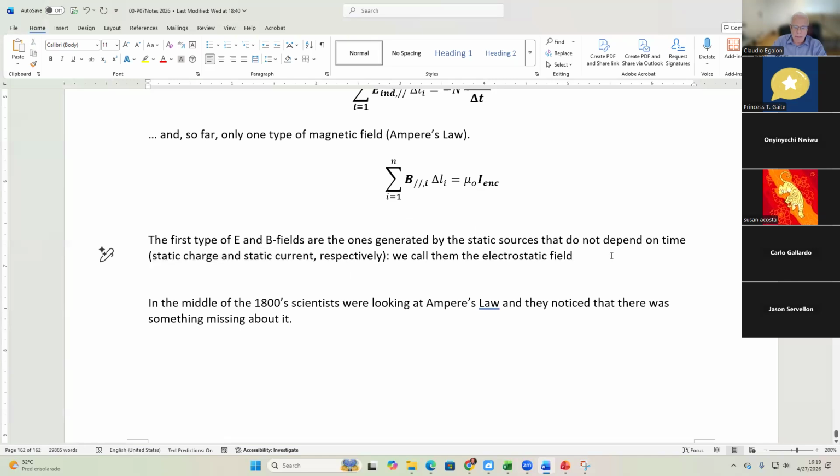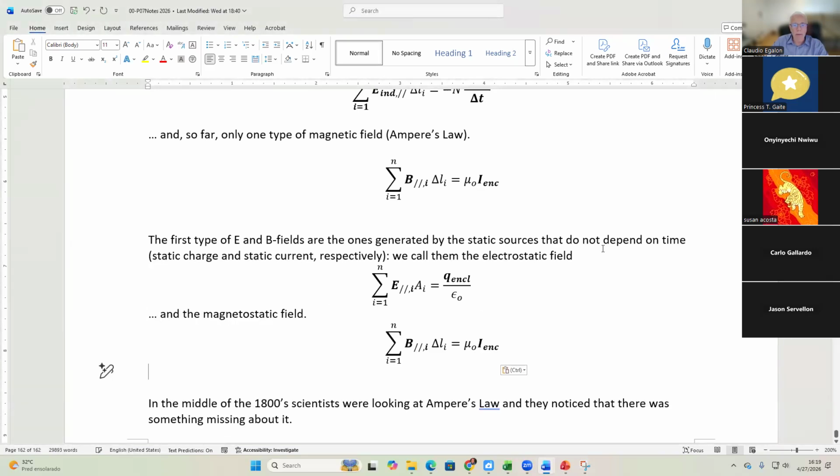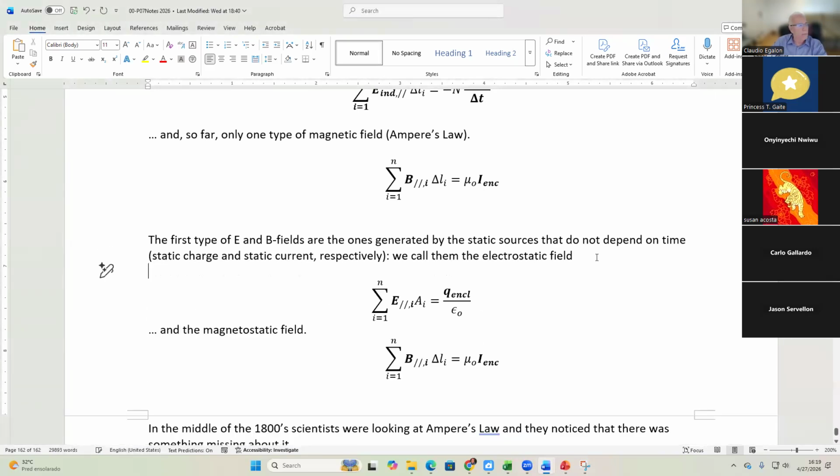We call them the electrostatic field, obtained from the first equation, and the magnetostatic field, obtained from the other equation.